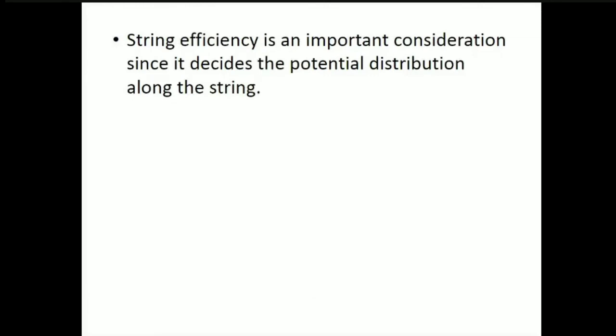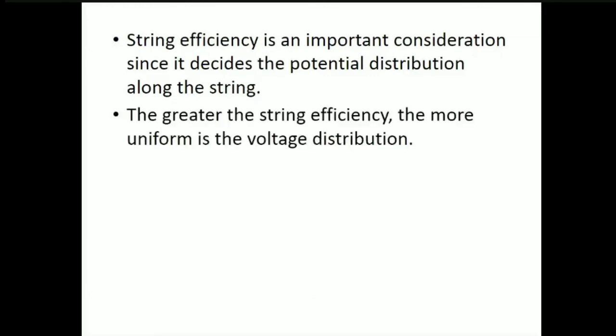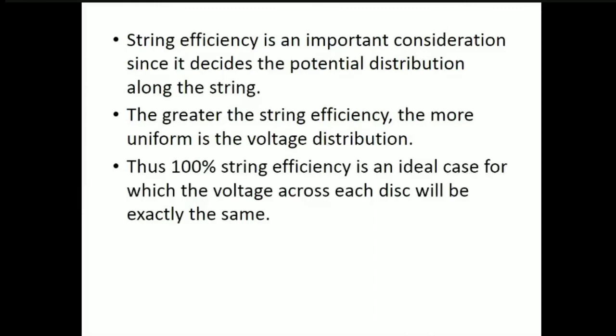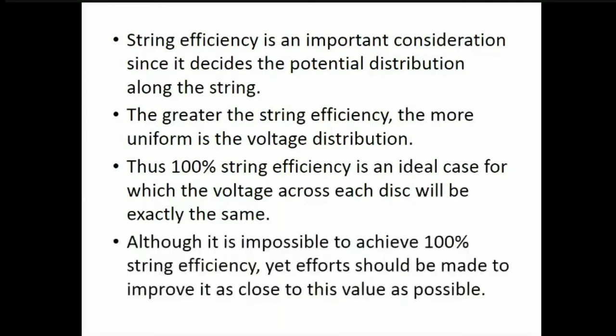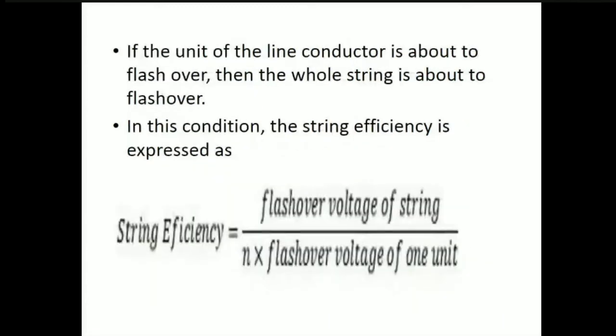String efficiency is an important consideration since it decides the potential distribution along the string. Greater the string efficiency, the more uniform is the voltage distribution. This 100% string efficiency is an ideal case for which the voltage across each disc will be exactly the same. Although it is impossible to achieve 100% string efficiency, efforts should be made to improve it as close to this value as possible.